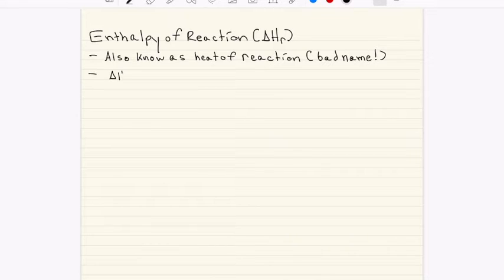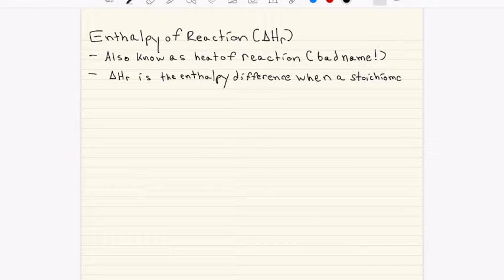And so to give a formal definition, I'll just write here that delta H of R is the enthalpy difference when a stoichiometric quantity or quantities of reactants, at some temperature and pressure, react completely.